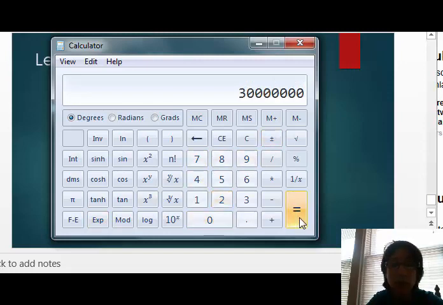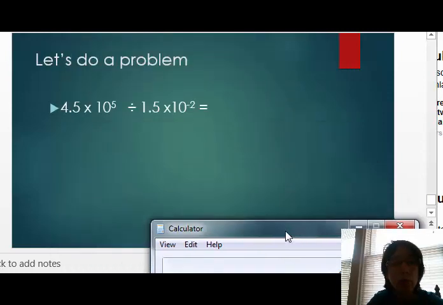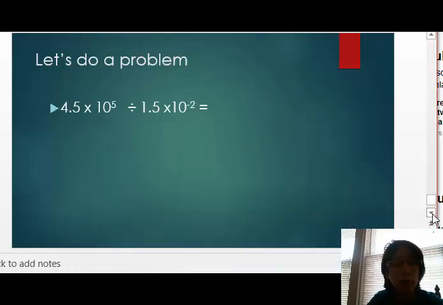When we hit the equal sign, the answer should be 30 million, or 3 times 10 to the 7th power. If we express our answer with correct sig figs, it's 3.0 times 10 to the 7th power.